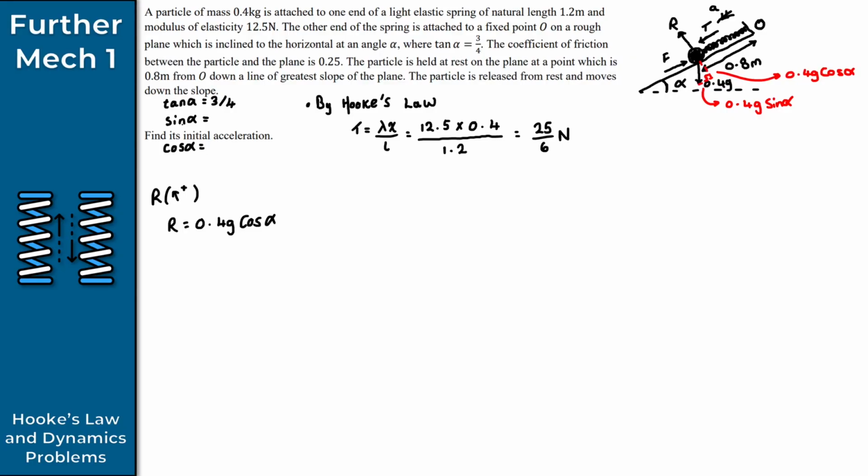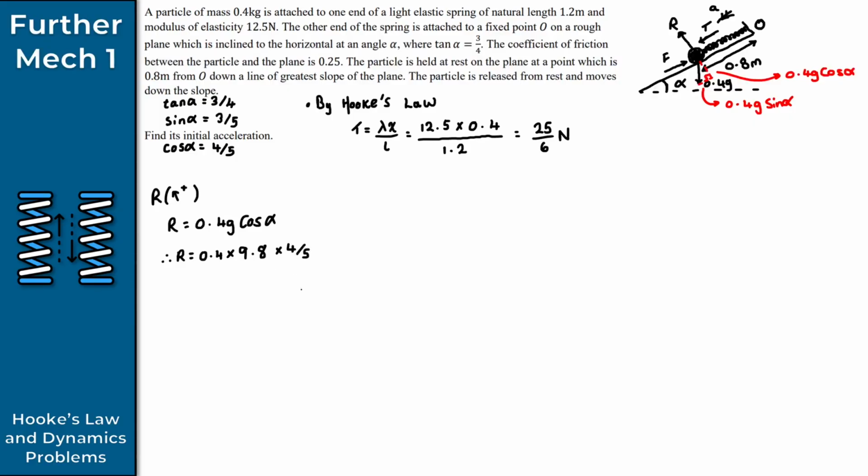So cos alpha here, that would be 4 over 5. And then sine alpha here, that would be 3 over 5, right? Perfect. So in that case, then what I've got here is that R is equal to 0.4 times 9.8, because that's g, right? So times by 9.8 times by cos alpha, which is 4 over 5.